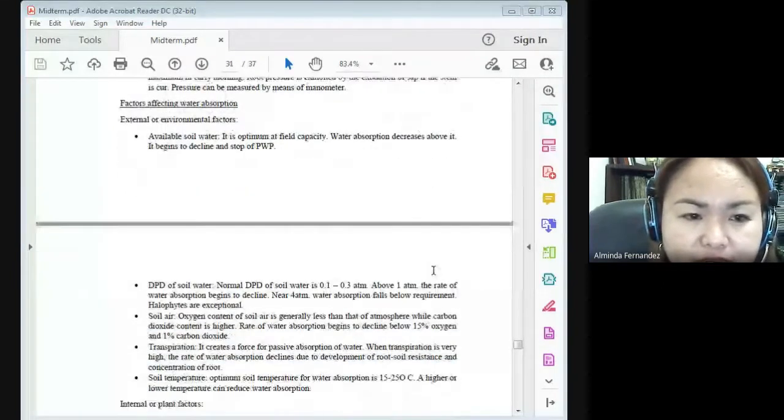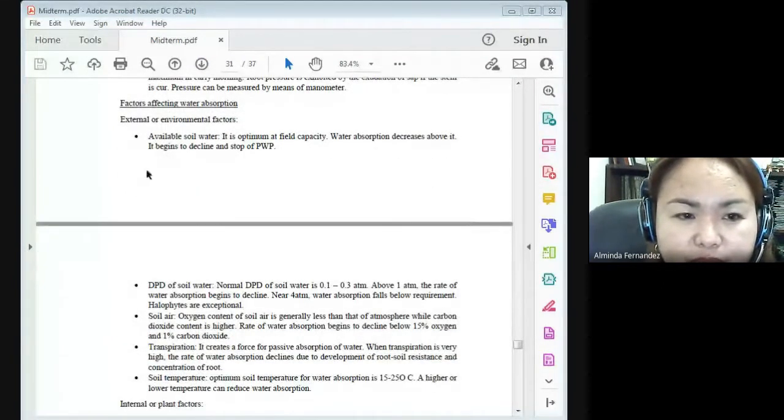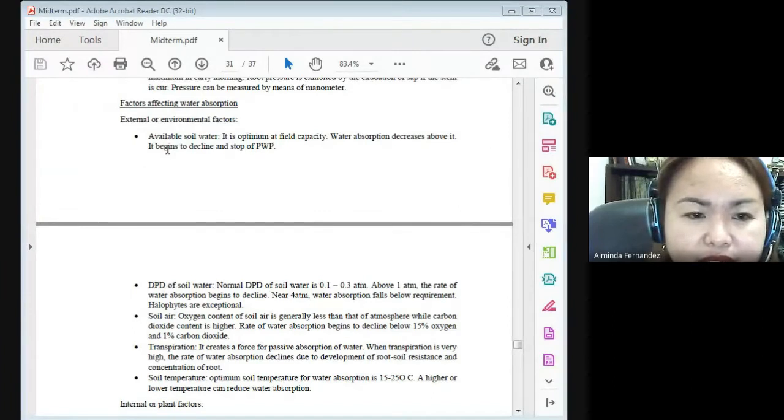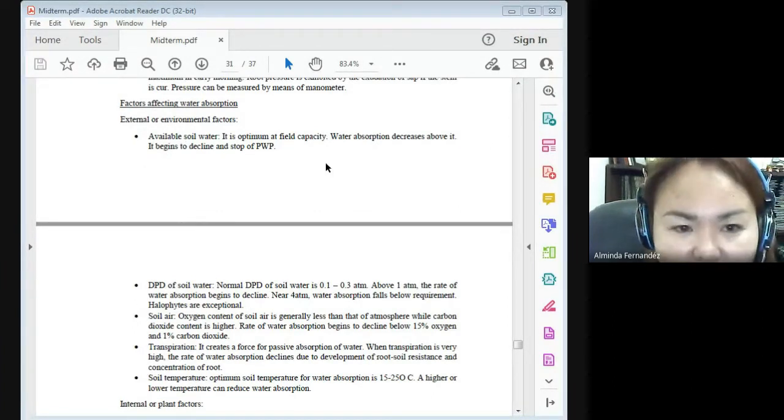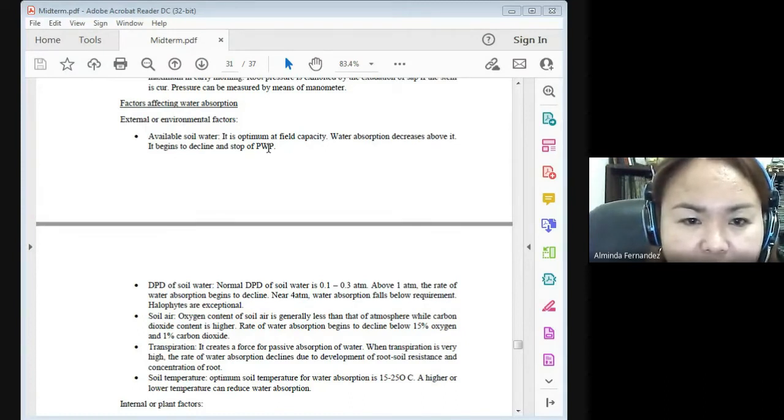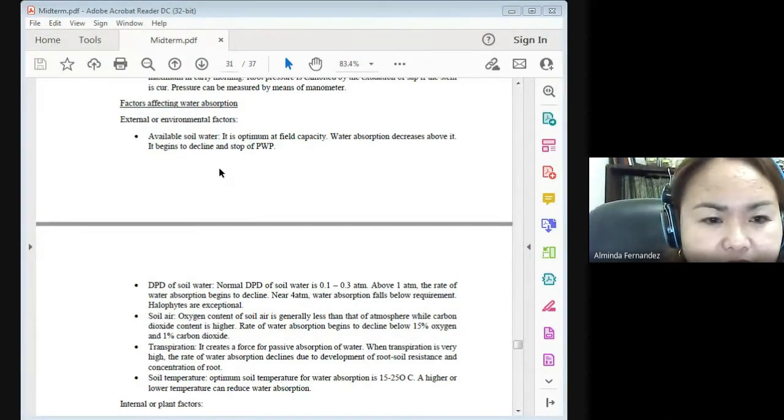So the factors affecting absorption could be environmental factors such as the amount of water in the soil, which is optimum at field capacity.